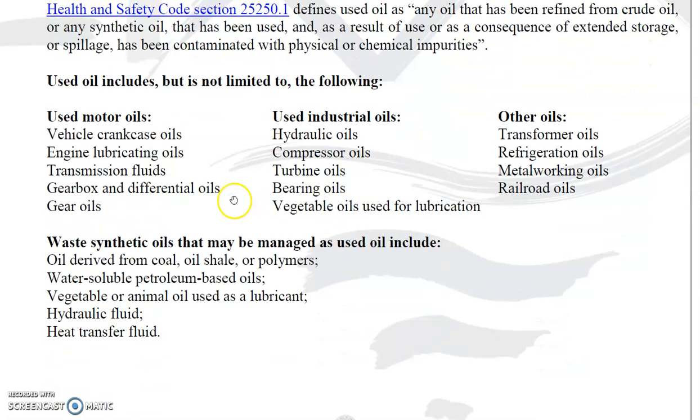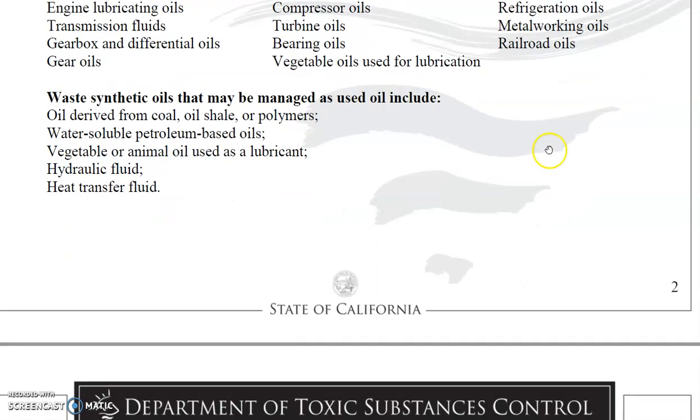Then the document provides some examples of different used oil waste streams, such as, for instance, vehicle crankcase oils, engine lubricating oils, transmission fluids, gear oils, turbine oils, bearing oils, hydraulic oils, and so on.